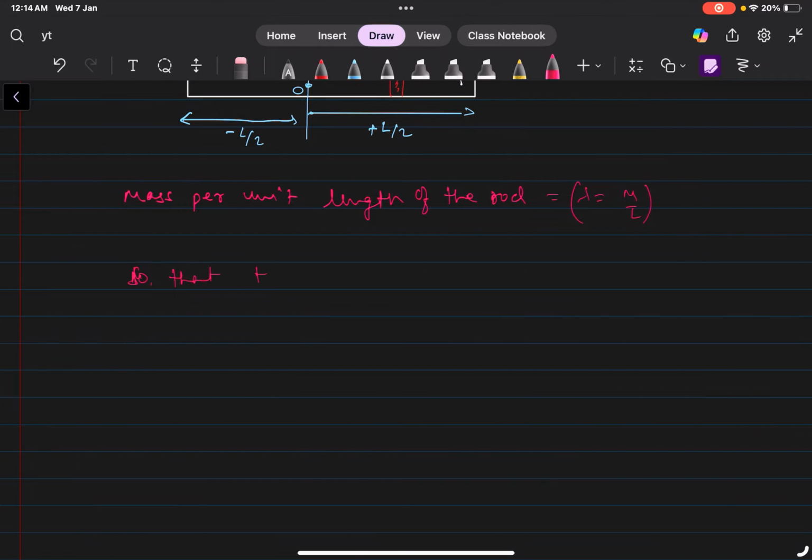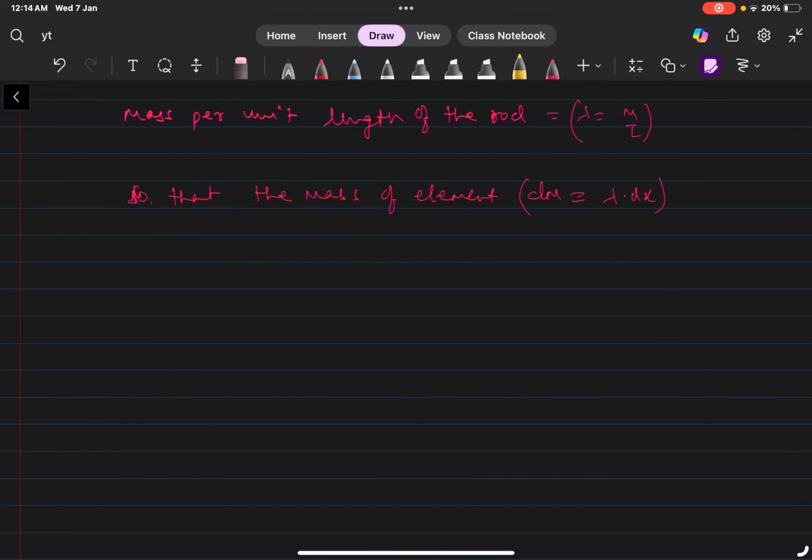The mass of the element, dm, is lambda into dx, that is m by l into dx.